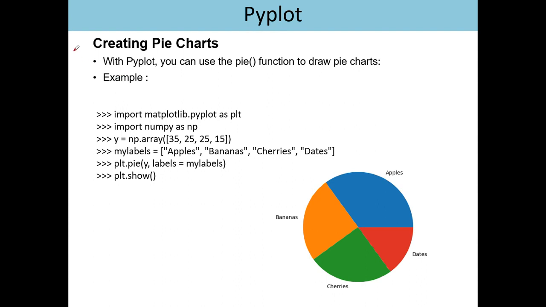Next, we have the pie chart, very famous and common. So plt.pie and pass y. This will give you a simple pie chart without any labels.